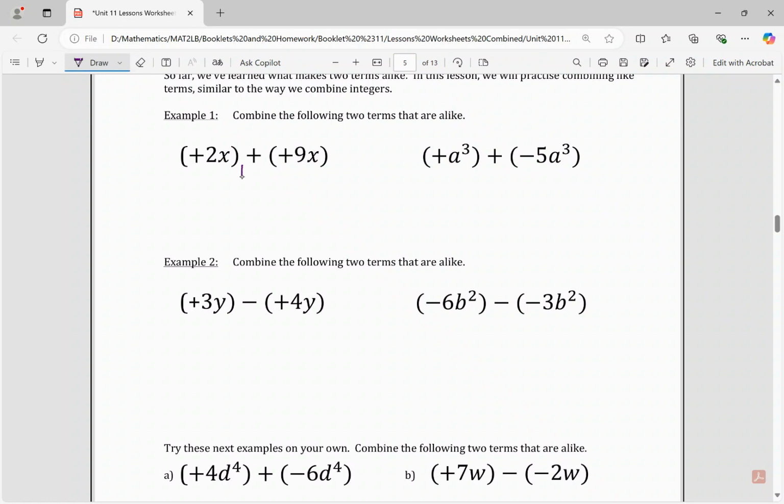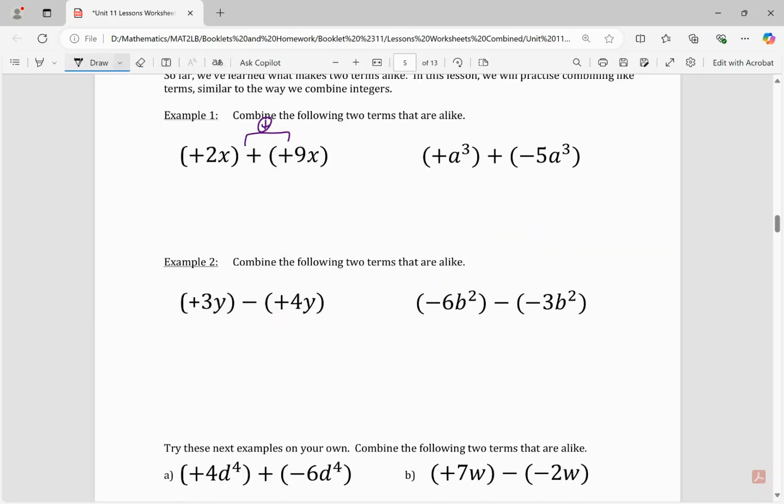Now, this also brings us back to a refresher on adding integers. Remember that the first step to any of these questions is to take the two operations that are side by side, in this case, the two plus signs, and turn that into a plus sign. Two pluses make a plus.